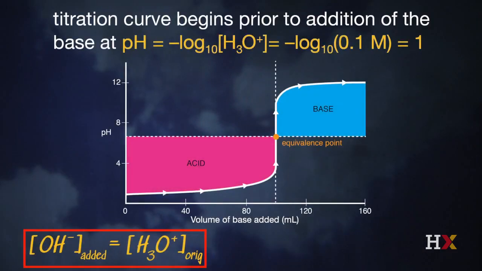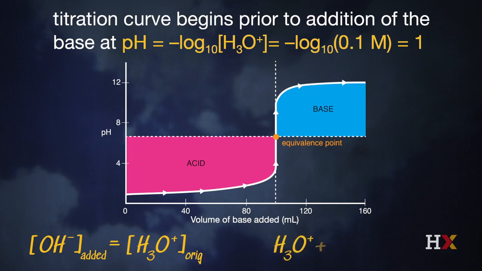So at the point where we've reached this equality, where the added OH minus from the base is equal to the original H3O plus, the reaction that's driven by the release of free energy, namely H3O plus plus OH minus going to 2H2O, means that every single one of those original H3O plus cations that was in solution is annihilated one by one by the addition of the OH minus.